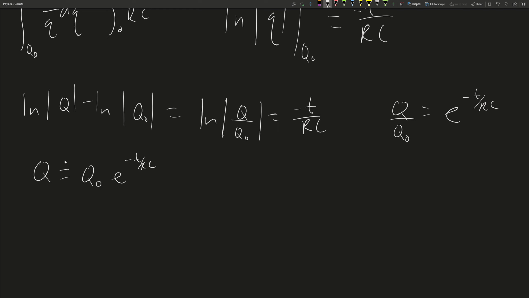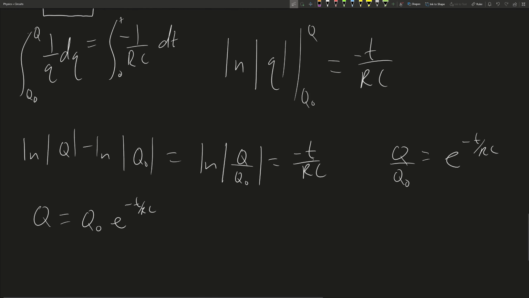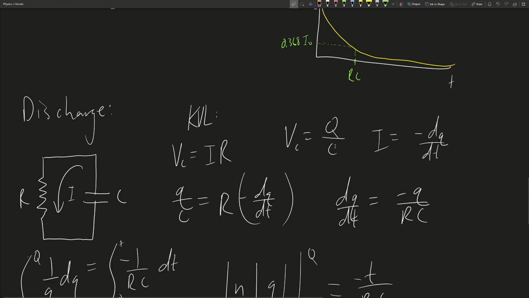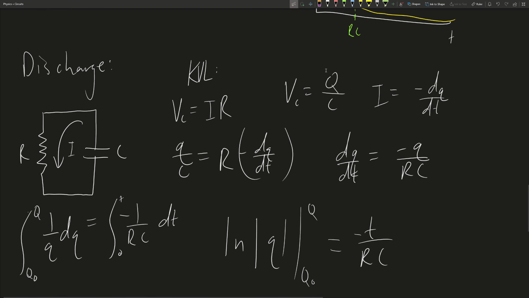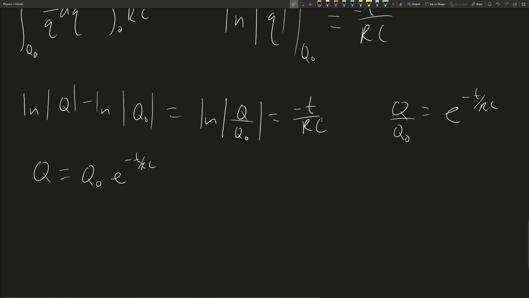Now this gives the charge on a capacitor as a function of time, but if we want to find the voltage as a function of time, then we just apply V equals q over C. Since C is a constant, if we divide both sides by C, we get that the voltage across the capacitor is equal to V0, the initial voltage of the capacitor, times e to the negative t over RC.